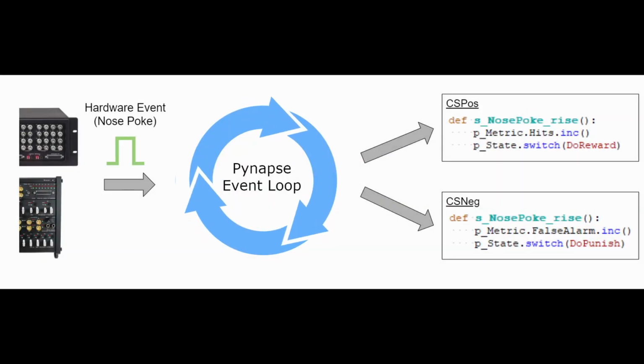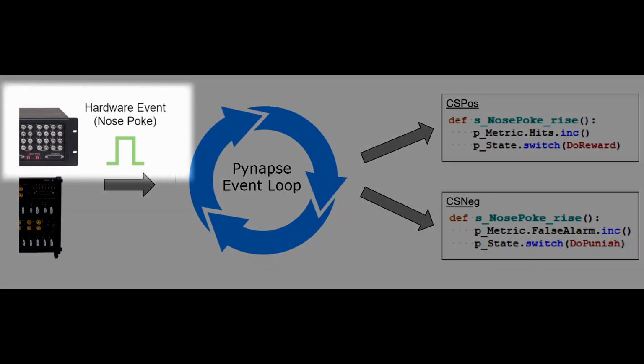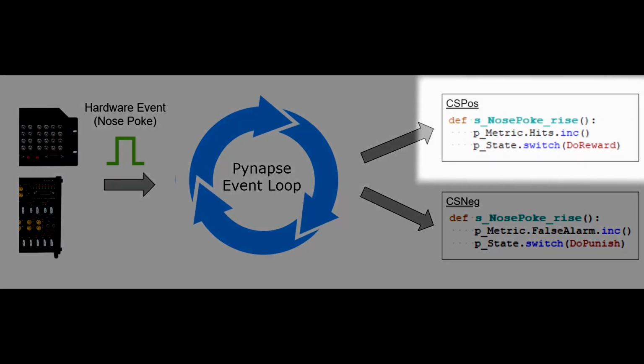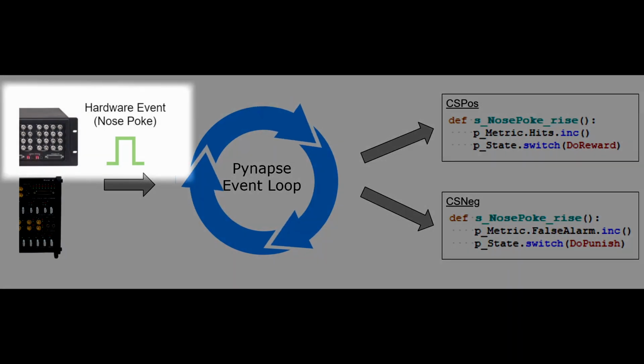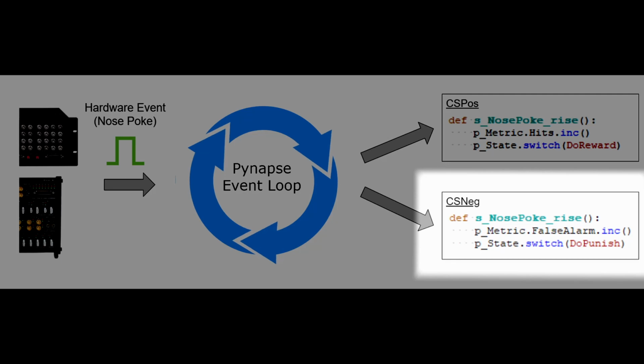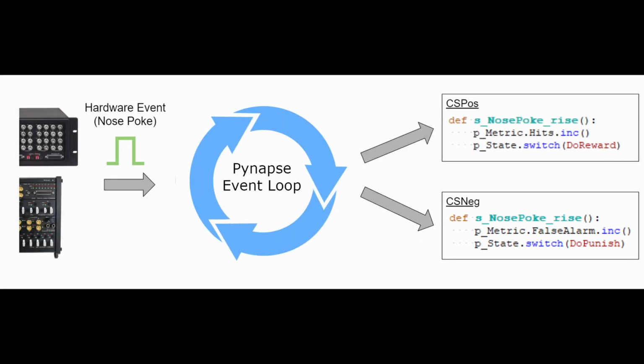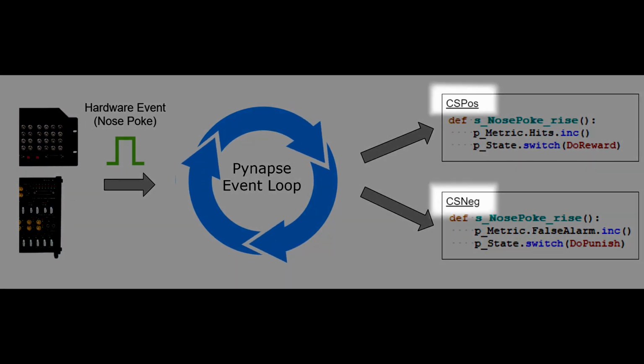Often, a specific event will cause 2 very different outcomes in your experiment, depending on what has already happened in the trial. For example, a nose poke at the proper time might trigger a reward, while a nose poke that occurred before the trial begins would cause a failed trial. Pynapse has a built-in state machine to keep track of the experiment flow. It uses the current state name to filter the list of available slot methods that can be triggered.